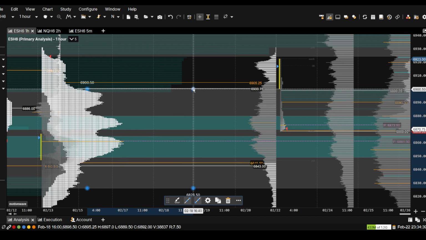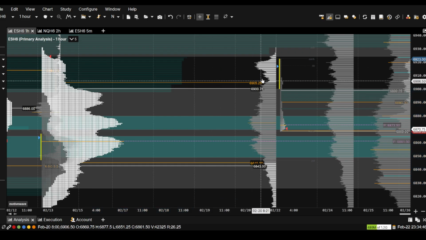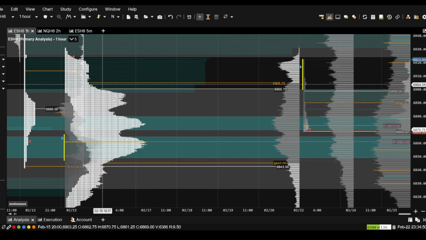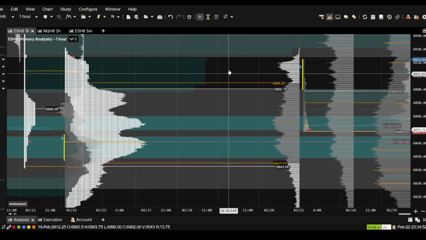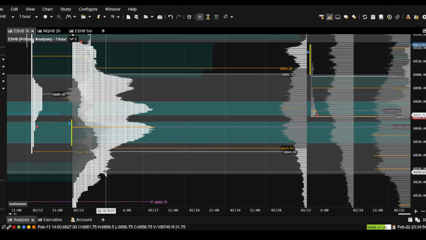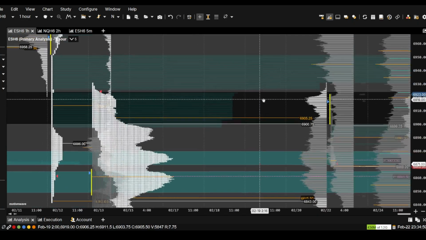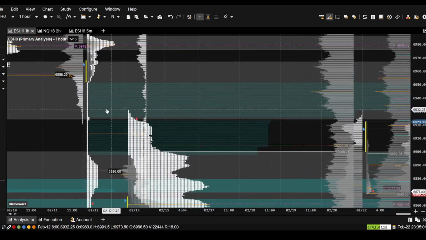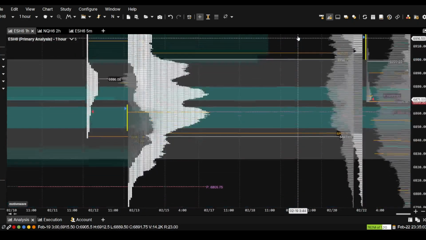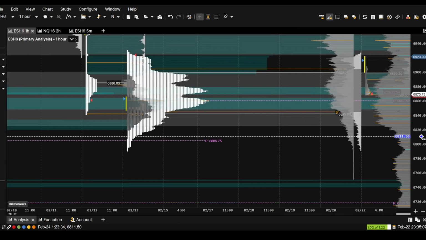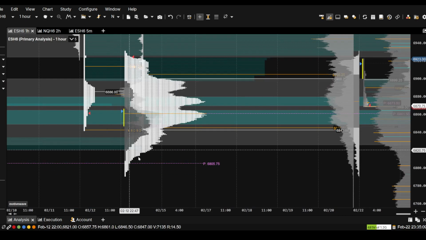We could make it here. Yeah, refine it. Value area high, the edge of this minor high volume node, and the edge of this huge high volume node area. We have single prints here. And see this, we rejected these prices.